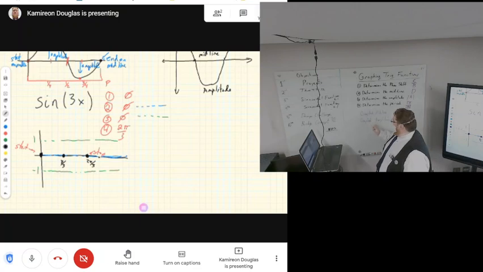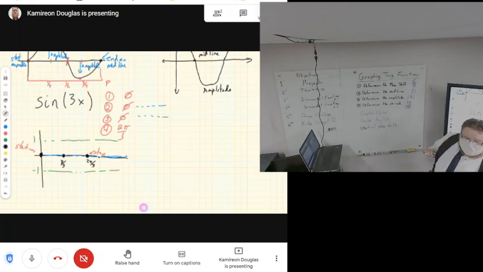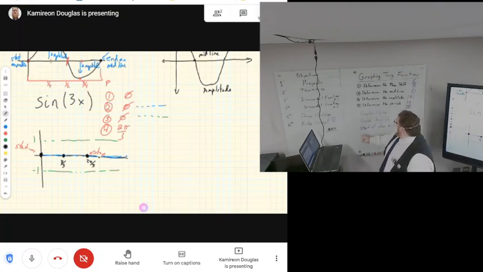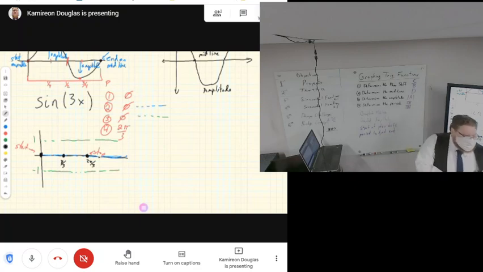Then we determined the starting place. That's where the phase shift is. And then, once we get the phase shift, we use the period to find the end. Those are the steps we followed so far.